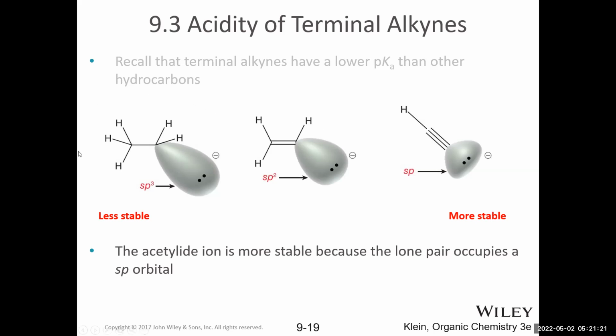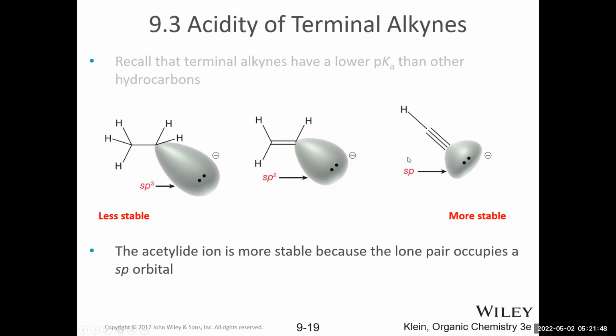So for example, this is the conjugate base of ethane. This would be the conjugate base of ethene. This would be the conjugate base of ethyne, also known as acetylene. And notice that when you deprotonate, you get a lone pair that is in a different type of hybridized orbital, specifically sp3, sp2, and an sp hybridized orbital.